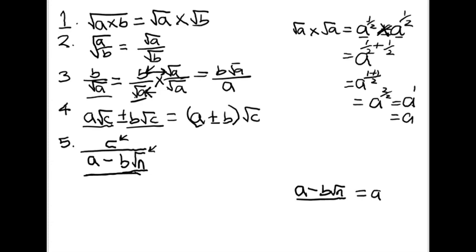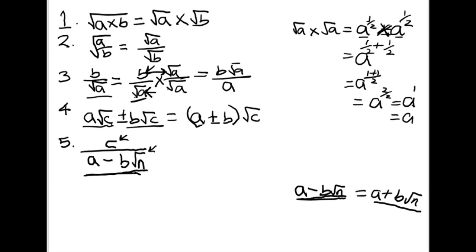The only thing that changes is the sign. So the sign will be the opposite. The opposite of minus is plus, b root n. So a minus b root n has its conjugate, and the conjugate is this.